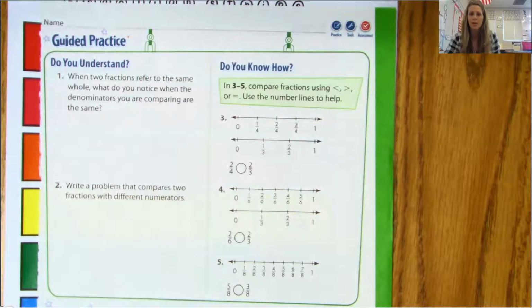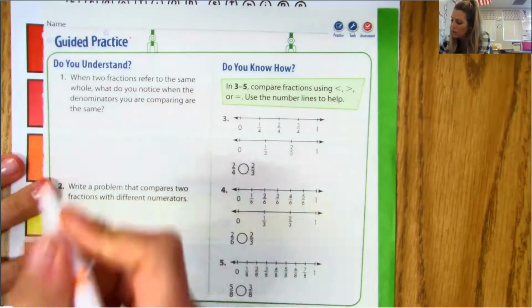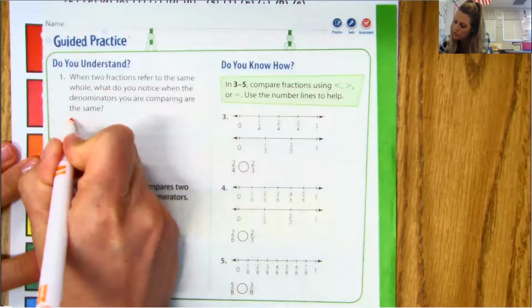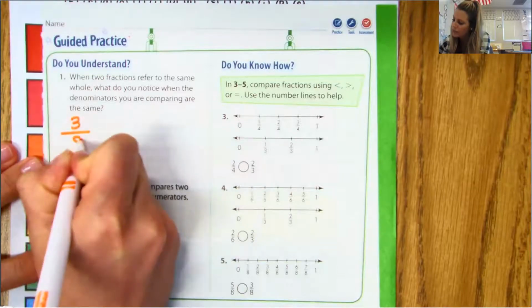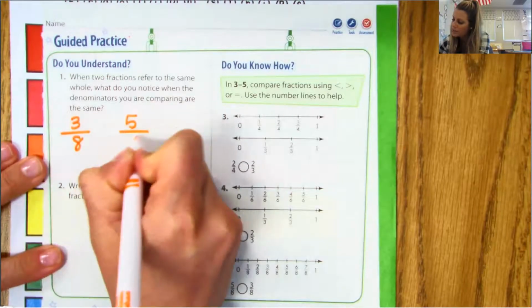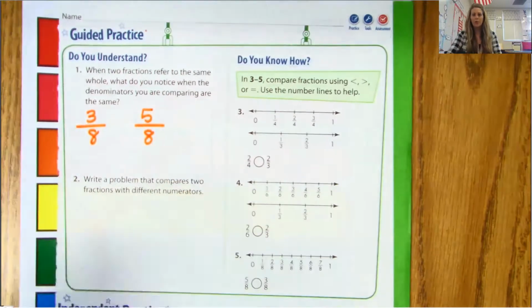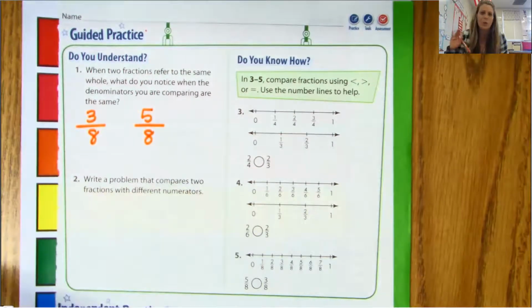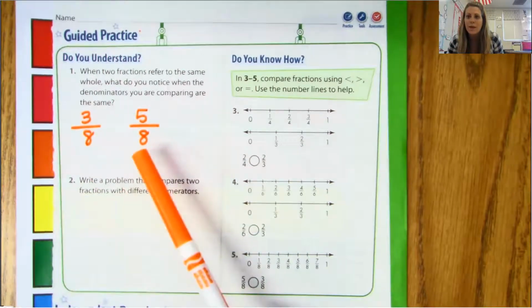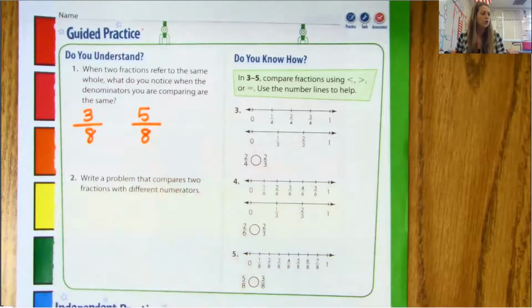If the denominators are the same, what do we notice? What do we have to do? So I'll give you an example. What if I have 3/8 and 5/8? So when we're comparing those fractions, pretend like we don't have a number line, pretend like we don't have the fraction strip, we have to use the secret strategy. Do you remember what the secret strategy is?